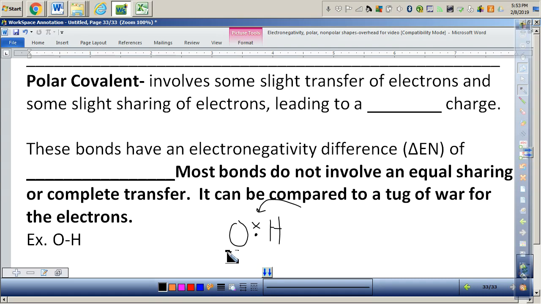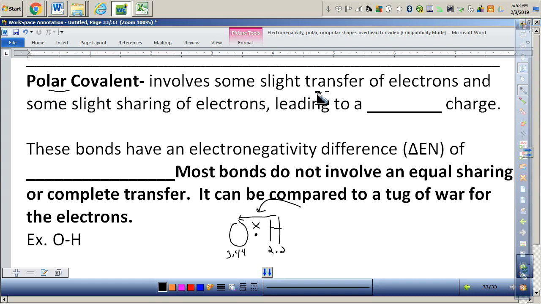In this case, it's oxygen because oxygen's number is 3.44, where hydrogen's is 2.2. And so even though they're sharing electrons, oxygen has more of those electrons on its side of the molecule. And that's because it has that higher electronegativity.